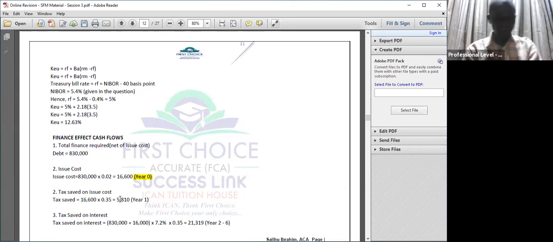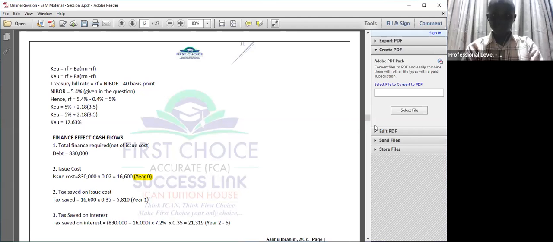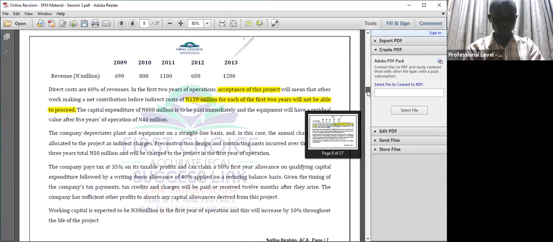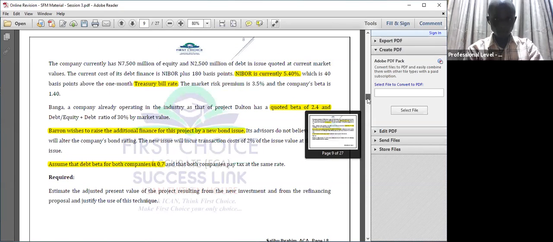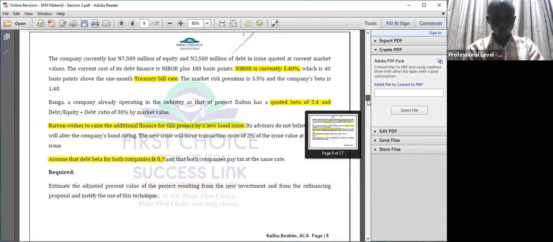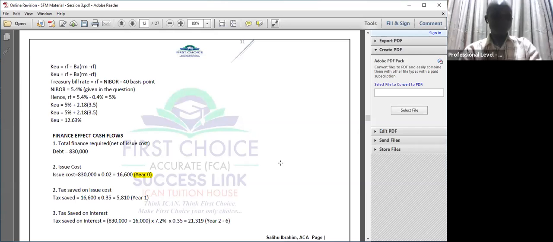Okay, after that, I will have my tax saved on issue cost. Now, the question did not tell me that issue cost is tax allowable. Let me double check that the question did not tell me that. Okay, you see that the question did not tell me that issue cost is tax allowable. If I were in the exam hall, I would assume that issue cost is not tax allowable.